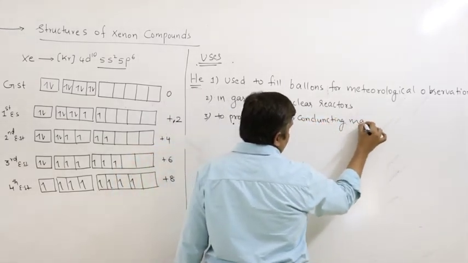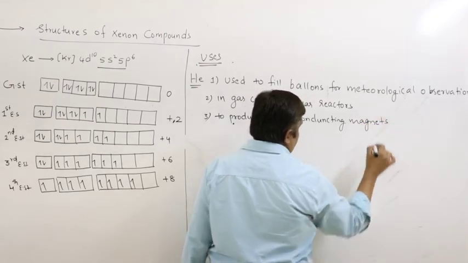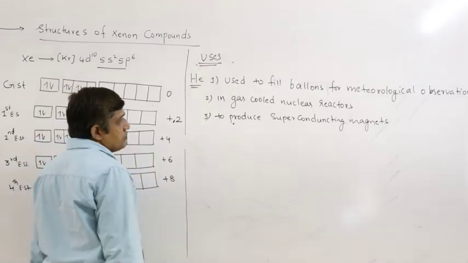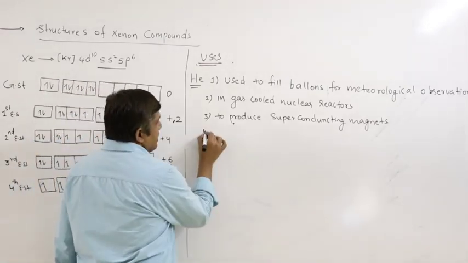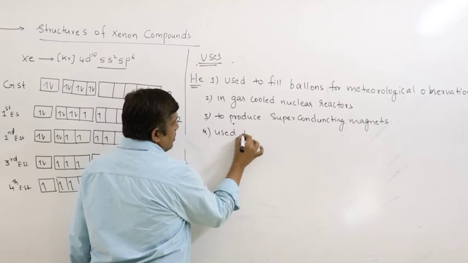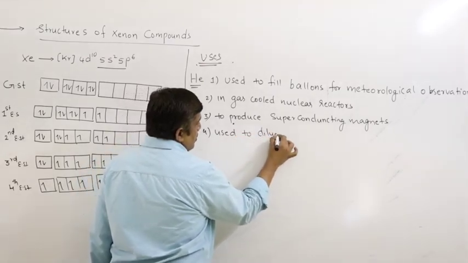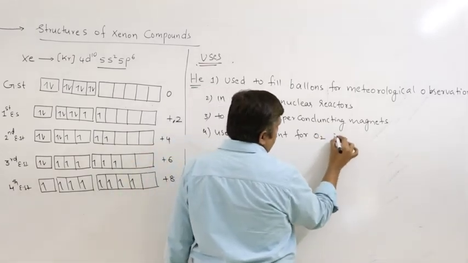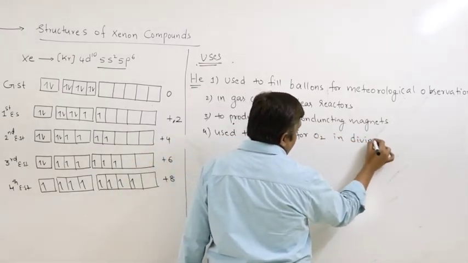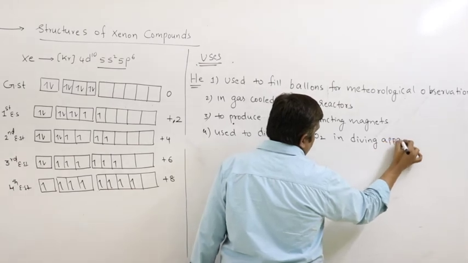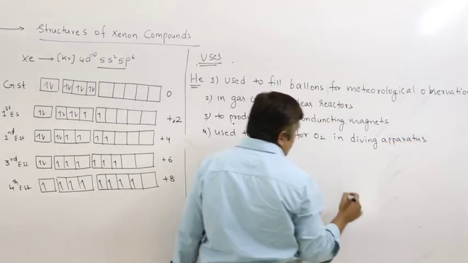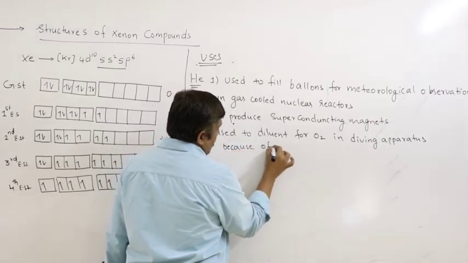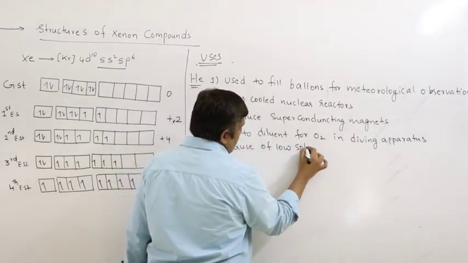These superconducting magnets are used in spectroscopy, NMR spectroscopic instruments, and helium is used as diluent for oxygen in sea diving apparatus because of low solubility in blood.